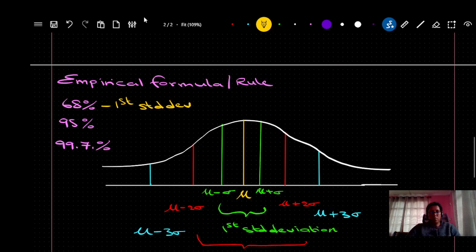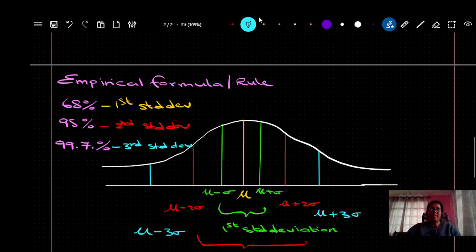The second, 95%, is the second standard deviation. I'll explain to you what this means. And 99.7% is the third standard deviation.